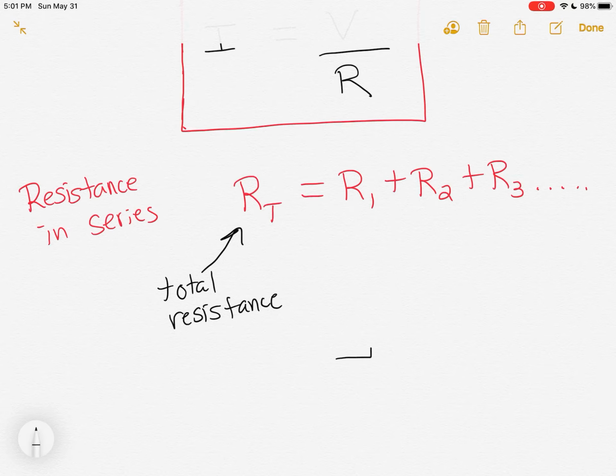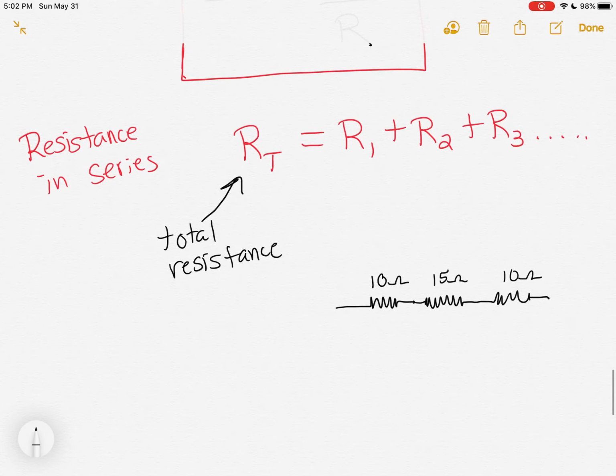Say you have a series circuit with a resistor, and remember that's the symbol for a resistor. We have resistors of 10 ohms, 15 ohms, and another 10 ohms.